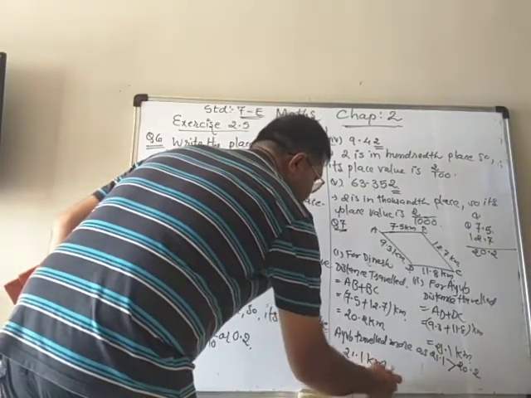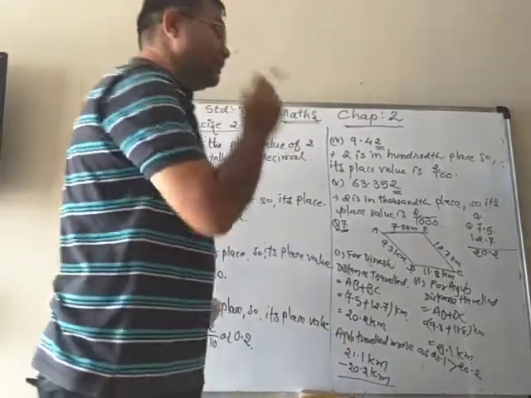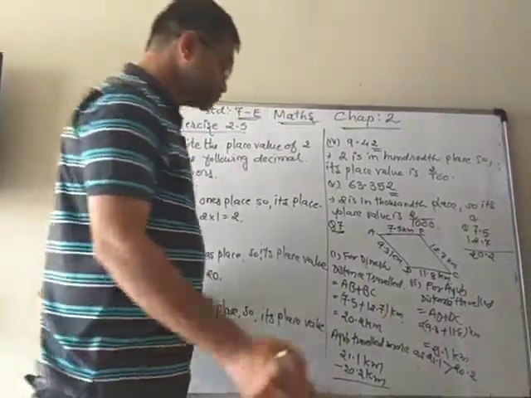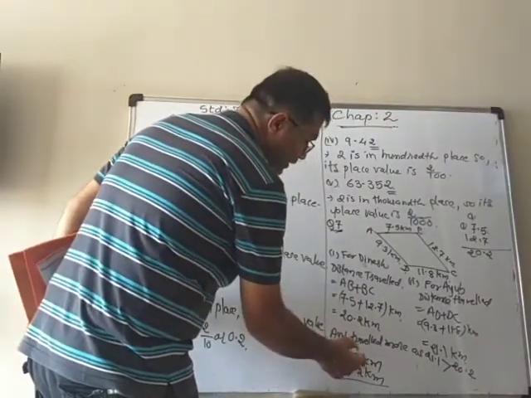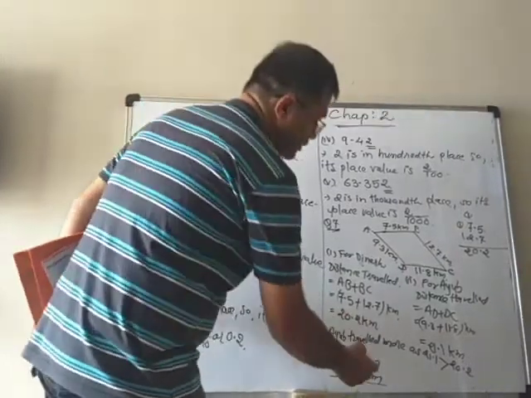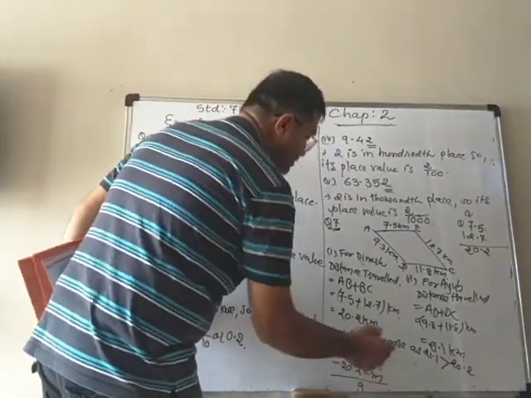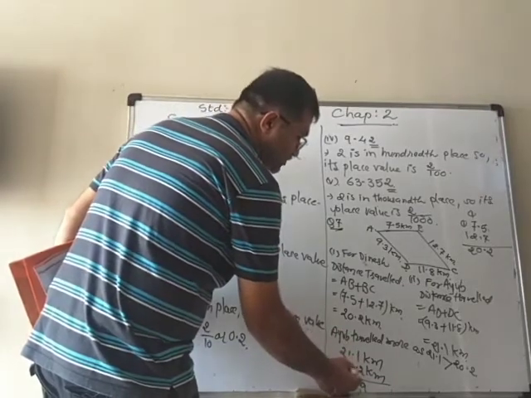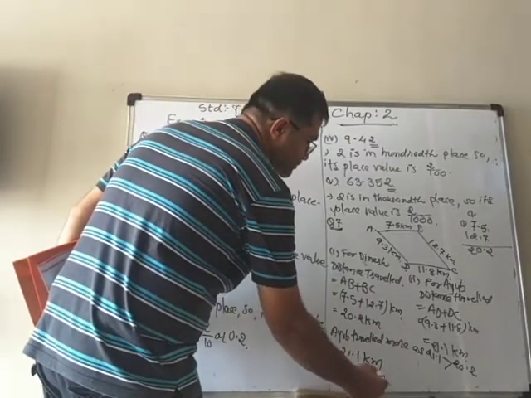We have to subtract so that we can find out how much more Ayub travelled. So now here we have to borrow. So 11 minus 2 is 9. Here 0 minus 0 is 0, means 0.9 kilometer.